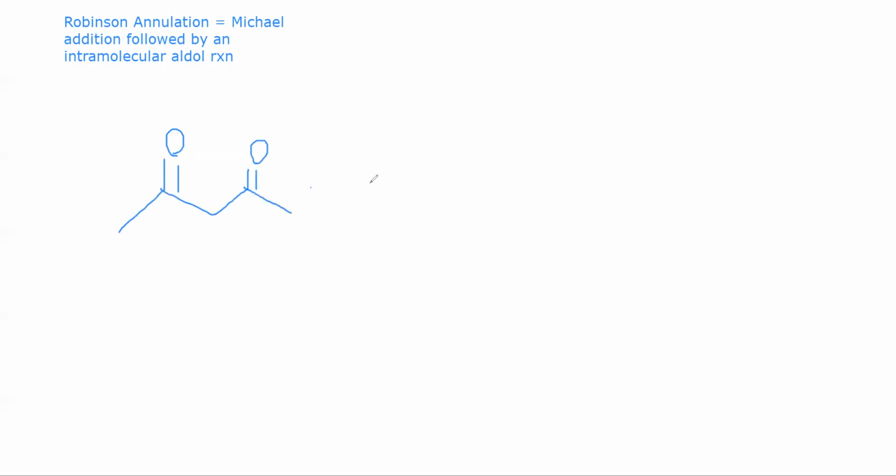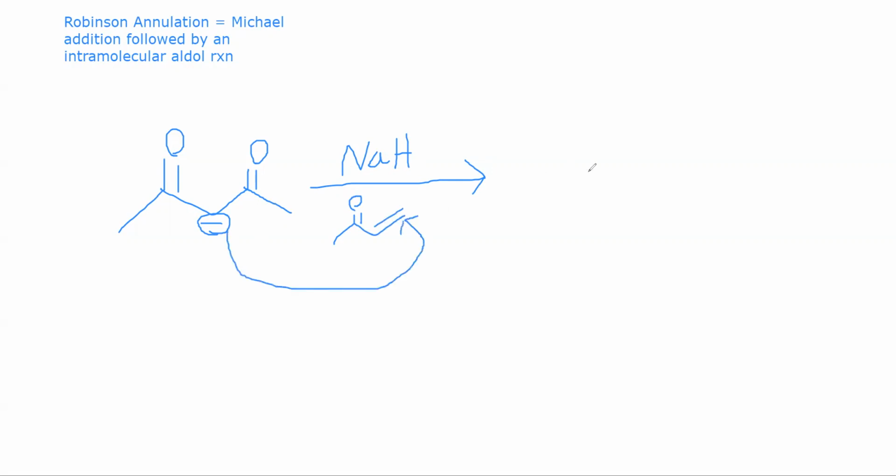I am going to show an example of a Robinson annulation. So we're adding a base, we're going to form this enolate, and it is reacting with this conjugated ketone, so the nucleophile will attack here.